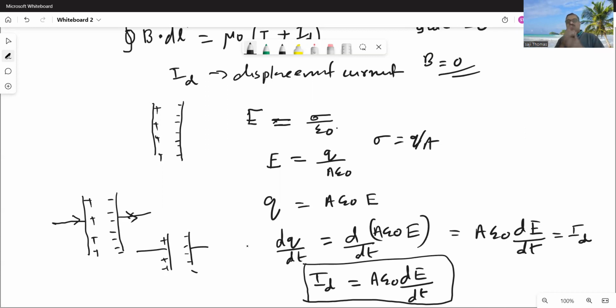Then the electric field will not change, and displacement current is 0, because no electric field is changing. That is why a capacitor blocks DC. DC current cannot pass through a capacitor. But AC means the charge is continuously varying and the electric field between the plates is varying. That is why a capacitor conducts AC. This is the concept of displacement current.